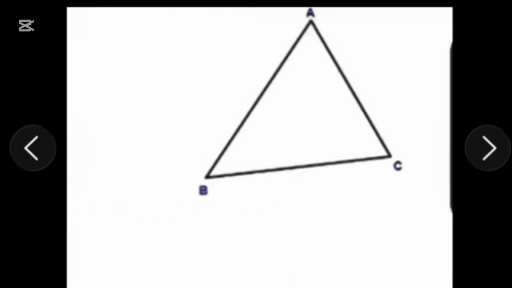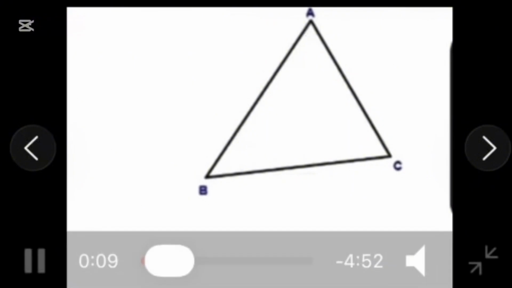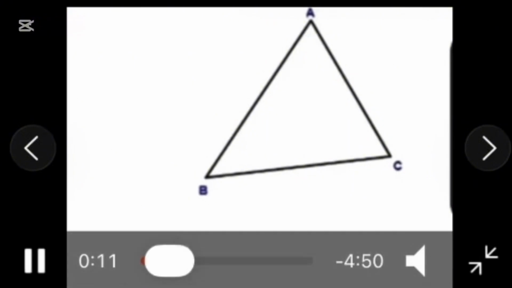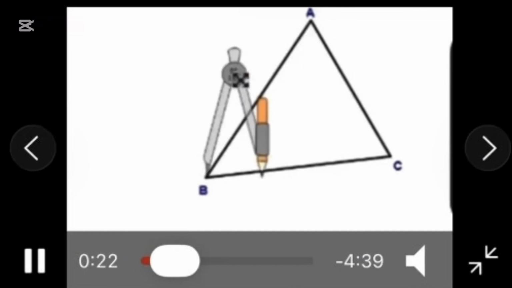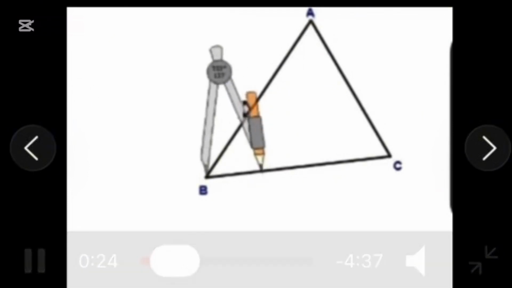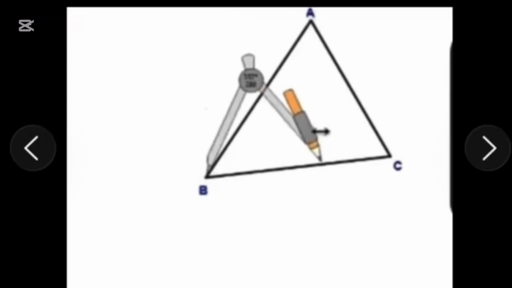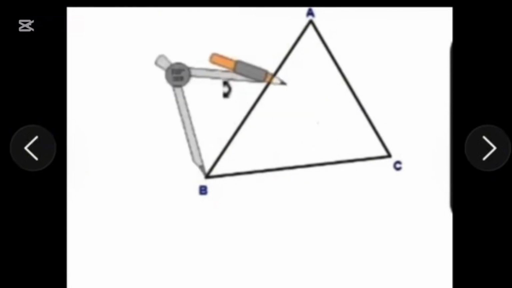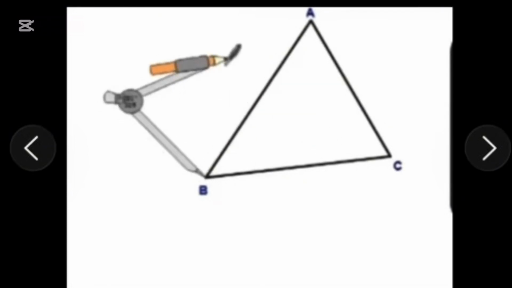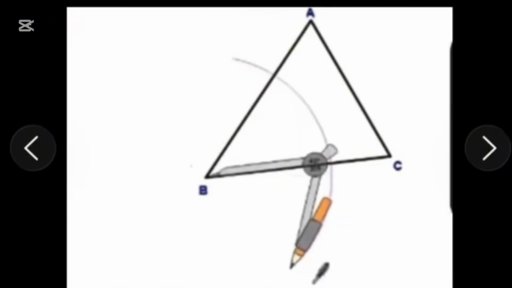We have triangle ABC. First, if we want to draw the perpendicular bisector of BC, we use the compass. I put the compass on vertex B. I open the compass more than half BC. I draw the first arc.